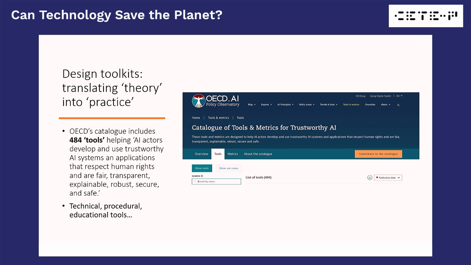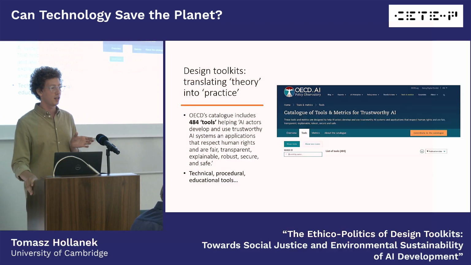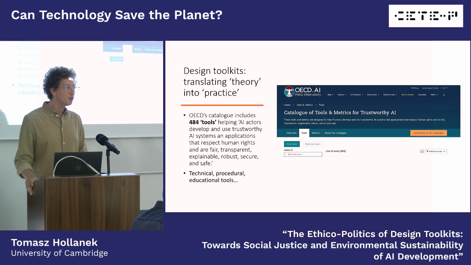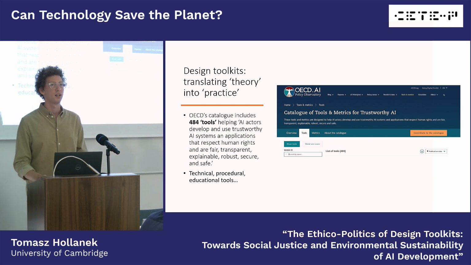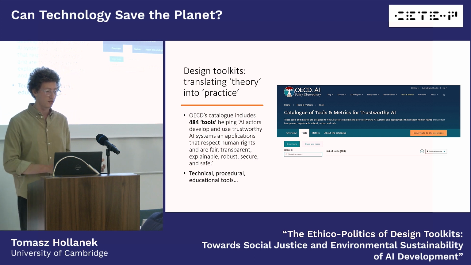There are all kinds of toolkits. If you ask me what is a design toolkit, there isn't a good answer to this question, precisely because there is a massive variety. And they try to do different things. Some of them are specifically targeting technical people, so data scientists, for example, helping them decide whether a given data set is good enough to use in the production of a given model.